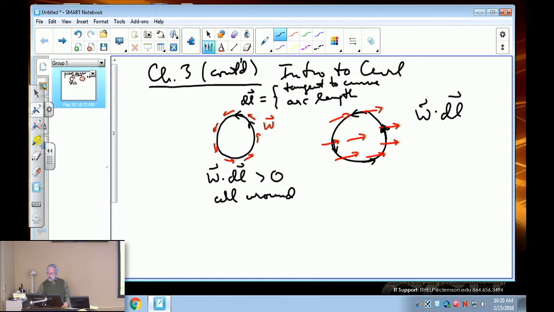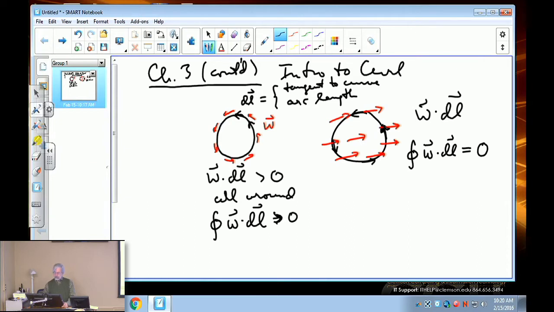So in this case, if you added up this product all the way around the circle, you might get 0. Whereas in this case, you would get something greater than 0. So that's a way of measuring the circulation of the field around a point.